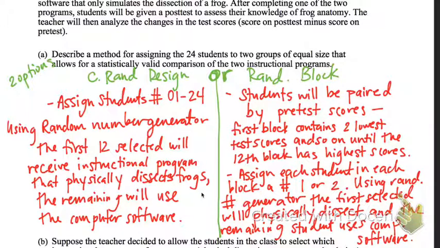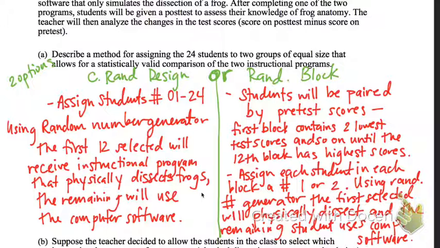I just kind of said into homogeneous groups by grade level. Okay, so you would have to be a little bit more specific if you're going to block. So you could have blocked half and half or in pairs of 2, and then assigned each student a number between 1 and 2. 1 goes to one treatment group, 1 goes to the other treatment group.